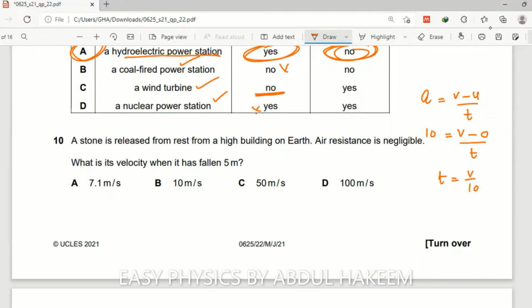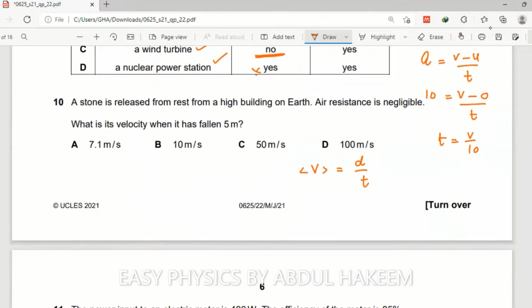Now, the average velocity is equal to total distance divided by total time. The average velocity is also equal to (u plus v) divided by 2. Look, the initial velocity is 0. The final velocity is required.